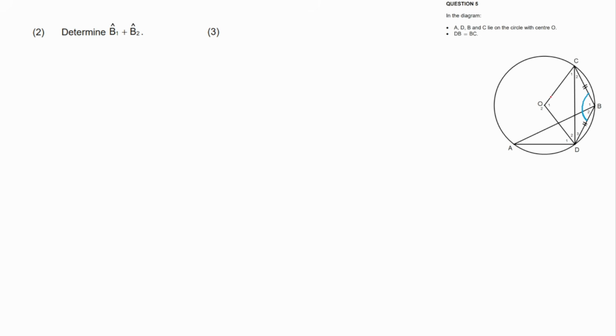So this reflex angle over here, O2, is going to be 2 times B1 plus B2. I'll say that angle O2 is equal to 2 times angle B1 plus B2, and the reason is angle at center is 2 times angle at circumference.